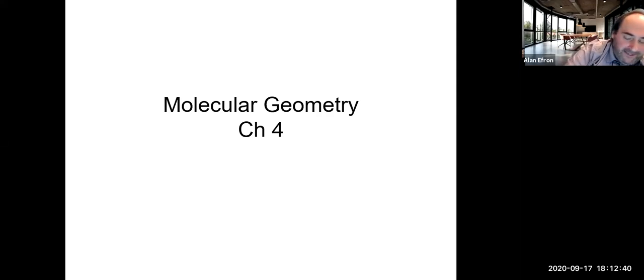So let's take sulfate, for example, which is SO4 2-, and this is a very common one that most people draw. If you look at sulfate, you have 6 plus 4 times 6 plus 2, that's 24, 26, 32 electrons.